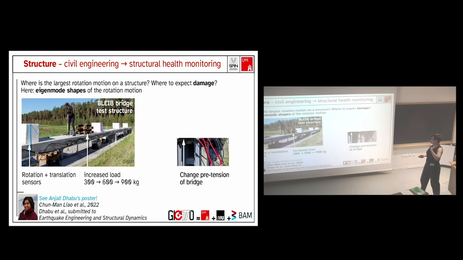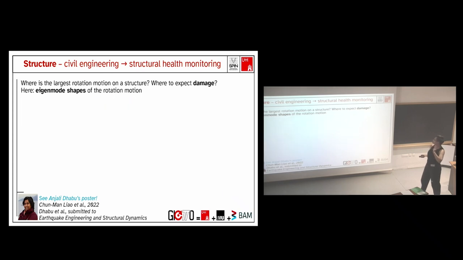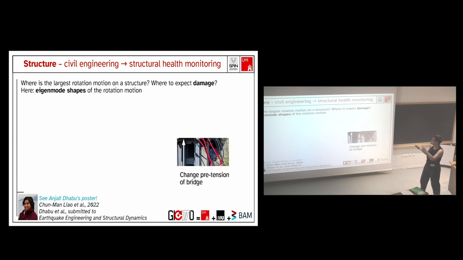A nice property of the structure is that you can change the pretension on the bridge, so basically by pulling on the steel reinforcements that are in the bridge structure.